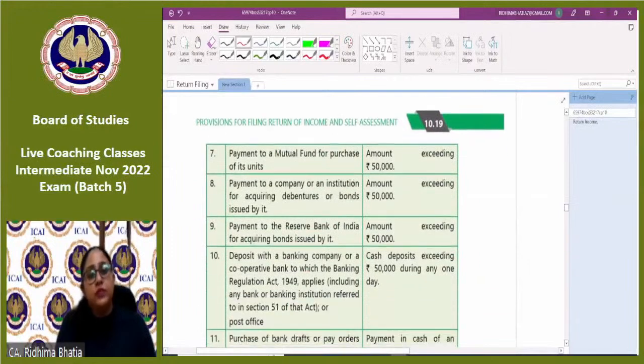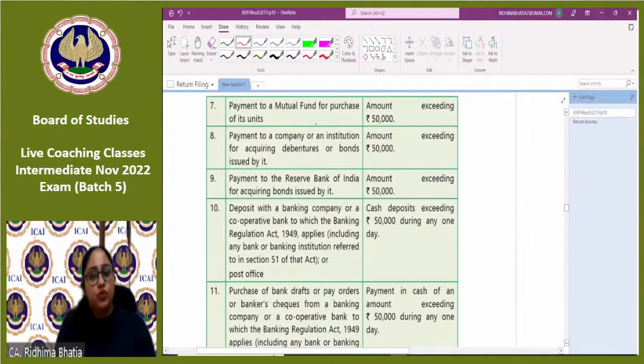Payment for mutual funds: if you're purchasing any mutual funds for an amount exceeding 50,000, you have to quote your PAN number. If you're purchasing company bonds or debentures for an amount exceeding 50,000, you have to quote PAN number. If you're taking RBI bonds for an amount exceeding 50,000, you have to quote your PAN number.